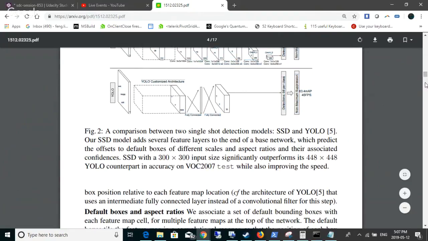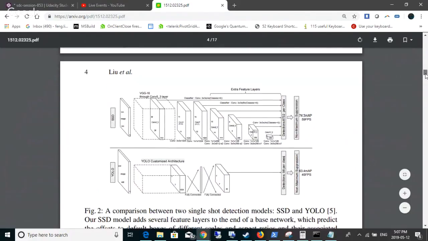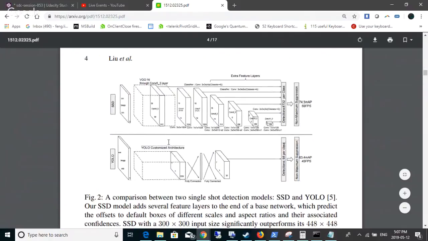But one thing you will notice recently is that even YOLO versions look similar to this. Of course, they're not using the same technique; they're using a residual network, but this is a good concept.